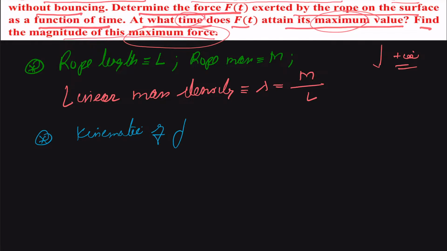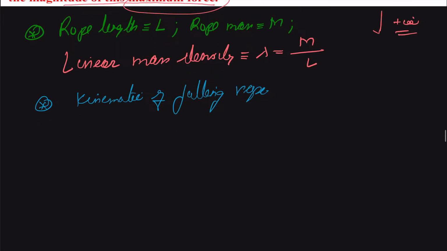Kinematics of the falling rope. It will be in free fall, and initially it was at rest. Therefore we can say, kinematics of the falling rope at time t.